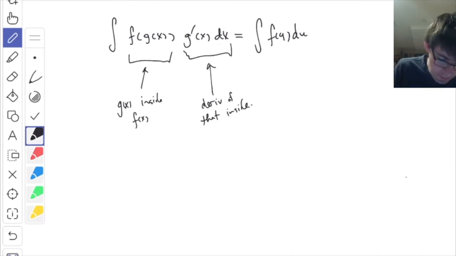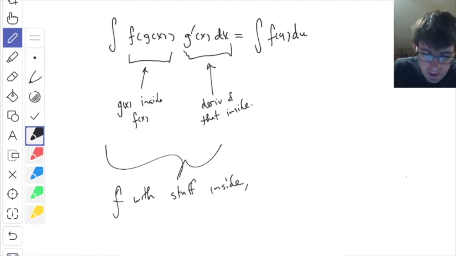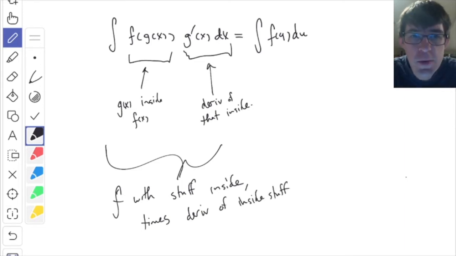So on the left side, we have f with stuff inside, times the derivative of the inside stuff. If you can see that inside the integral, then it will simplify to the right-hand side.